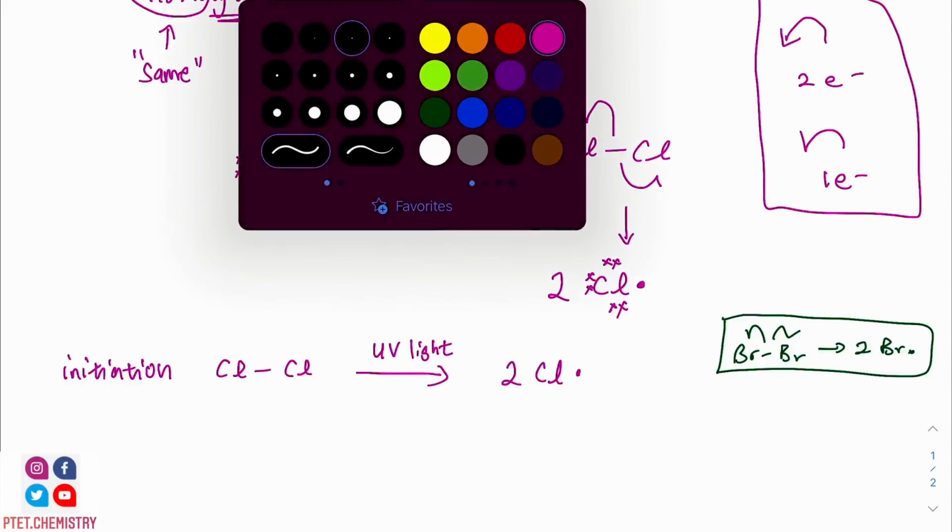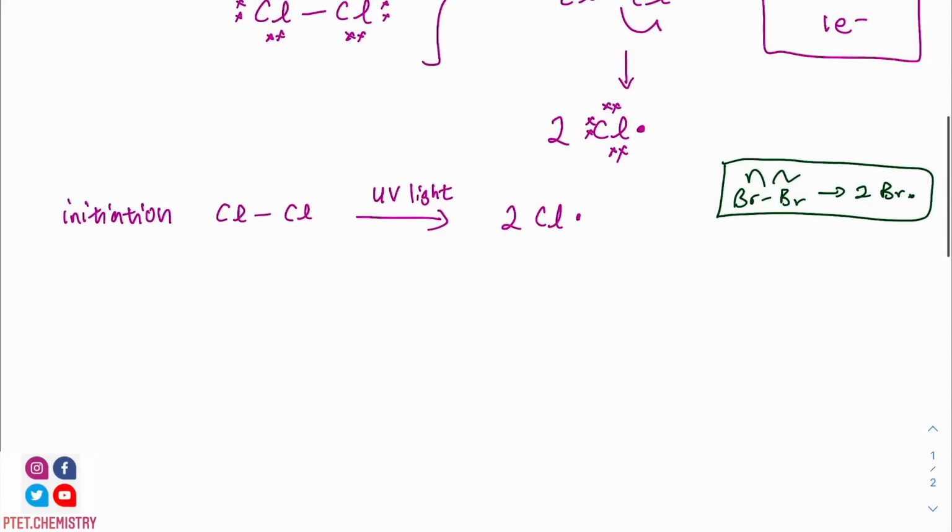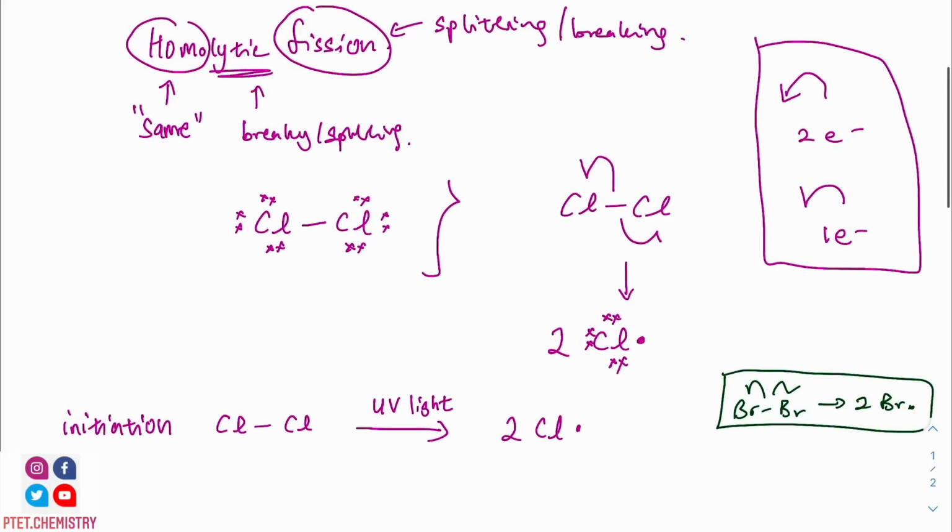Okay, moving on. So the second step after you get this radical, these are very reactive species. They are not going to lie around like that, yeah? Okay, I guess we can do a very simple example. In textbooks you always see CH4 as your example, right?